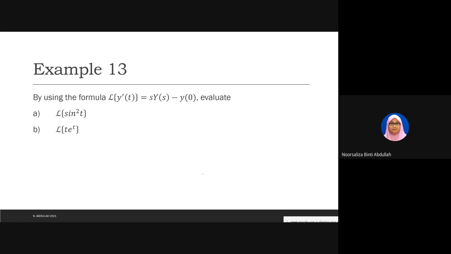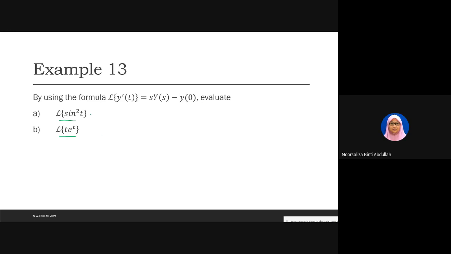Okay, so macam mana kita nak guna? You look at this example by using the formula: Laplace of y prime t equals to sY(s) minus y(0). Then you have to evaluate these two signal. So macam mana kita nak buat?